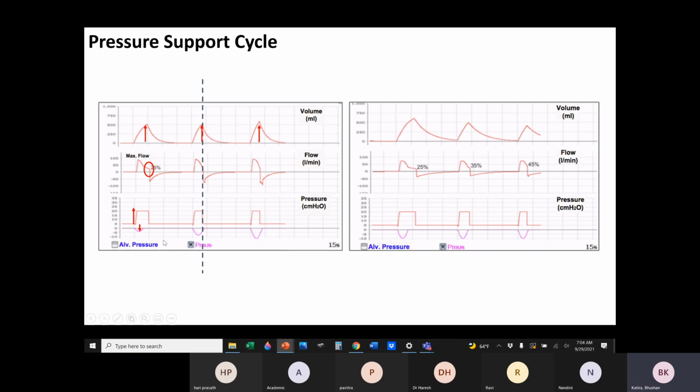Now in this example, we see that as the negative pressure from the patient increases, despite the same pressure support and despite the same 25% flow cycling limitation, you see a change in flow, but the tidal volume is near about the same because the pressure support is kept unchanged. The inspiratory time part is also not changed, but you have changed the flow cycling.